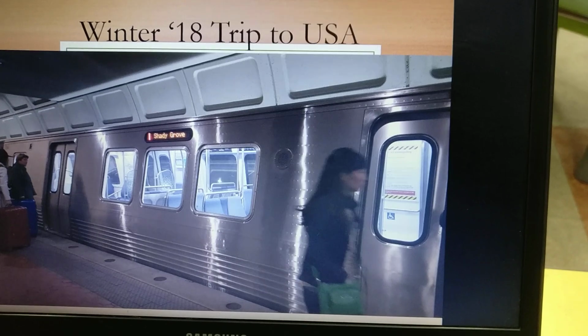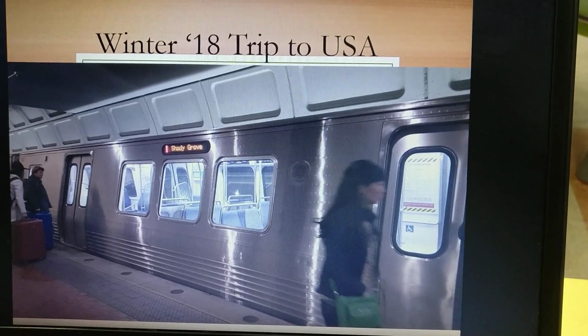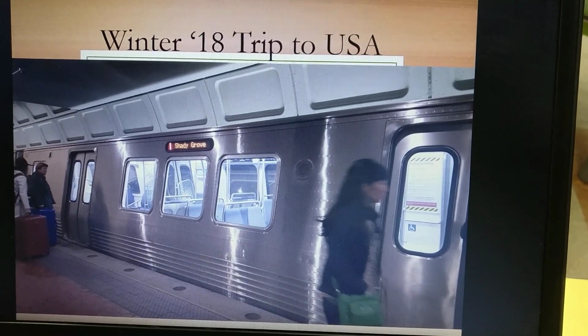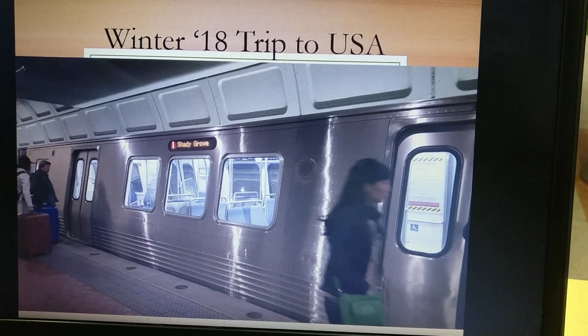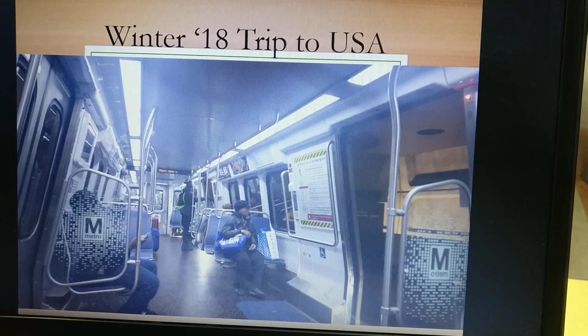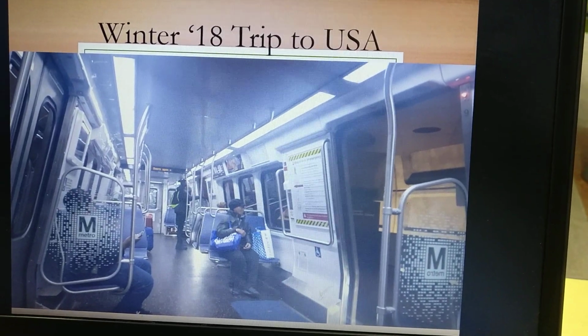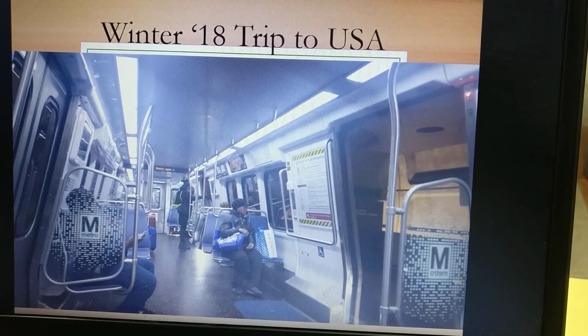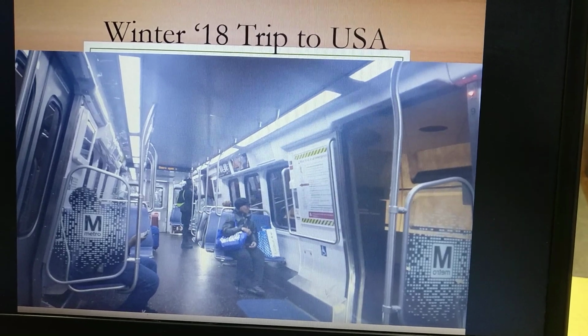This is a metro station, quite similar to a Korean subway station, except the shape of the train. This is one of the newer passenger cars in one of the metro trains of Washington, D.C.